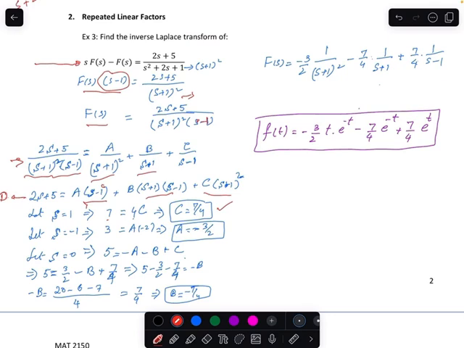The only thing left on the right will be the term with a. When we plug in -1, the left hand side becomes 3, and a into -2, and the rest of them are 0. So this gives us a is equal to -3 over 2.